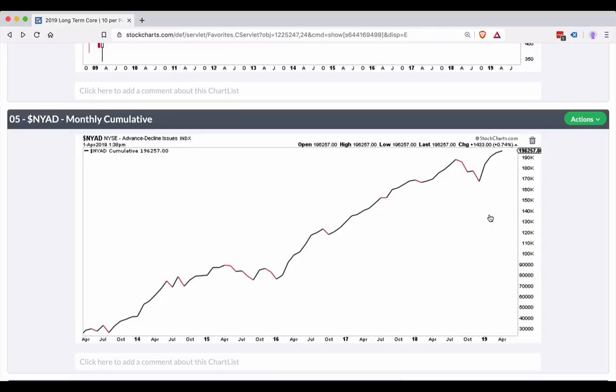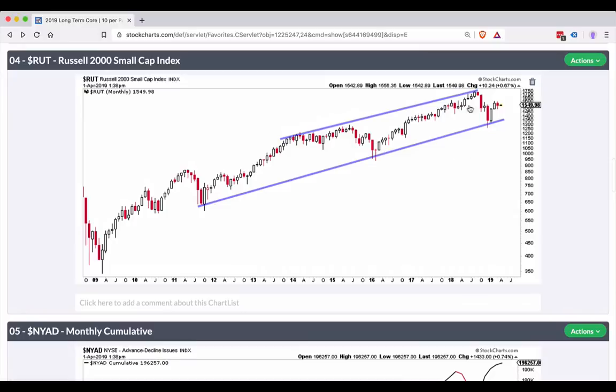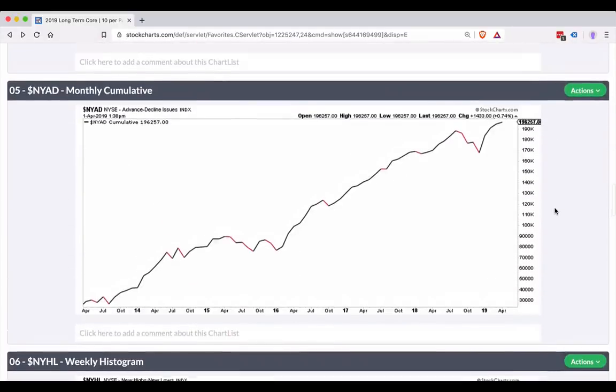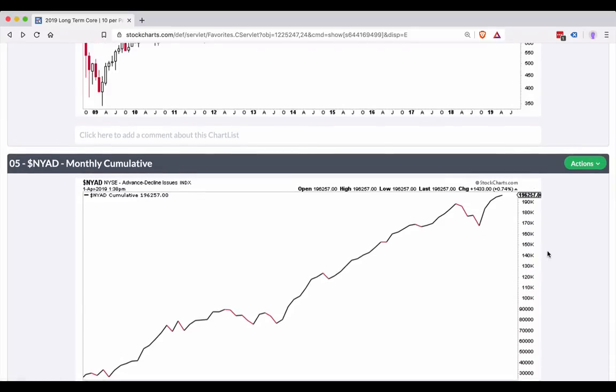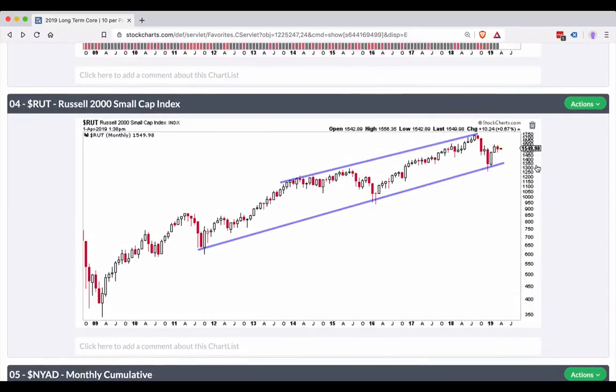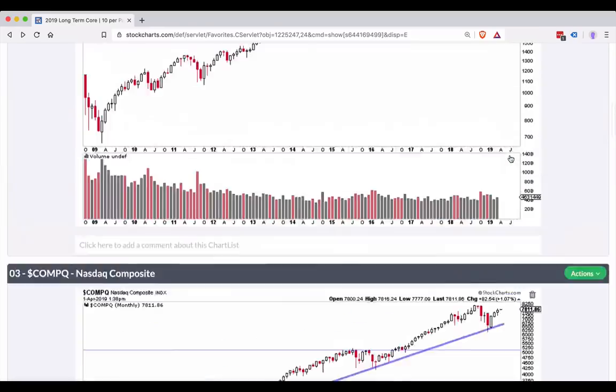We have a nice leading AD line here, which is always the most bullish scenario that we can see in the markets. Again, it doesn't mean that we have to go higher in stocks. It doesn't mean this has to all resolve higher, but it's always a good, positive, constructive sign when you have the AD line making new highs and ideally leading to new highs, because again, as a reminder, we don't quite have breakouts to new highs in any of these major indices yet.